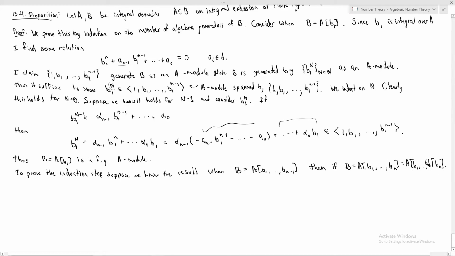So note, by induction, this thing is a finite extension, A contained in A join B1 through Bn minus 1. This extension is finite by induction.